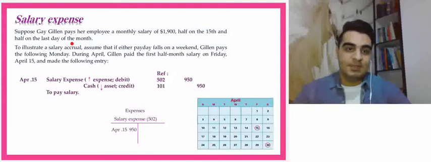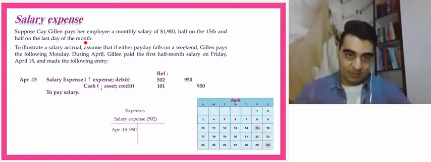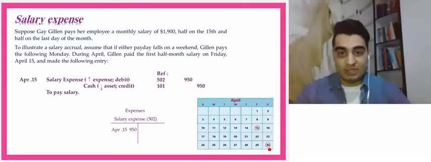For salary expense, suppose that Gillen pays her employee a monthly salary of $1,900, half on the 15th and the other half on the last day of the month. This is our calendar. So the first half will be on Friday and the second half will be on Saturday, which is a weekend.